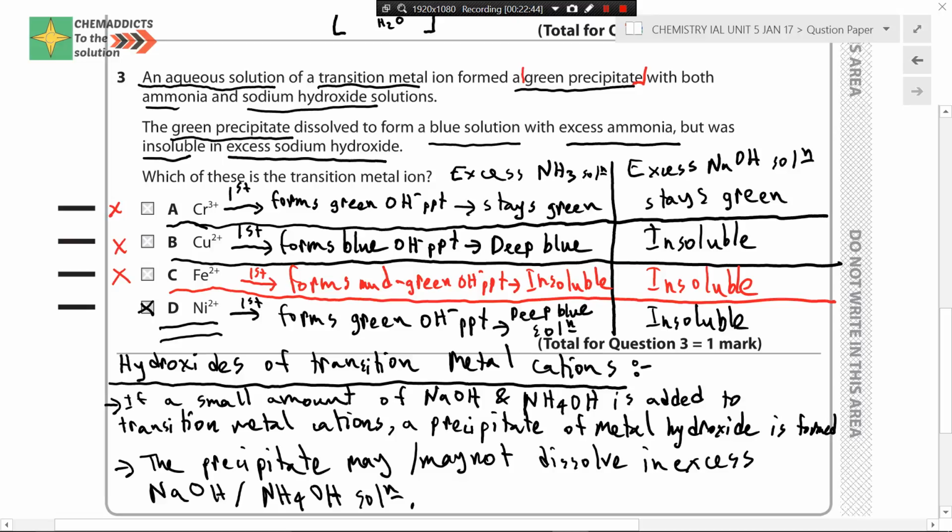Since the total mark for this question is 1 and all the information is given in the question, you need to know everything that is provided over here. You need to memorize these things. This is how you are going to revise.